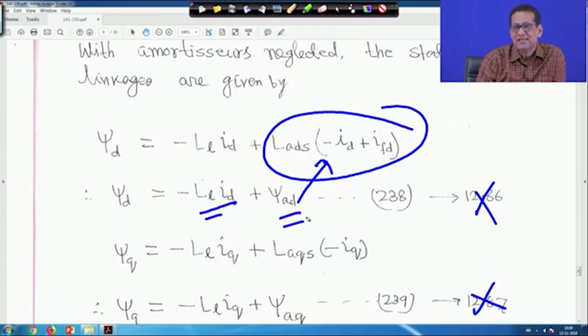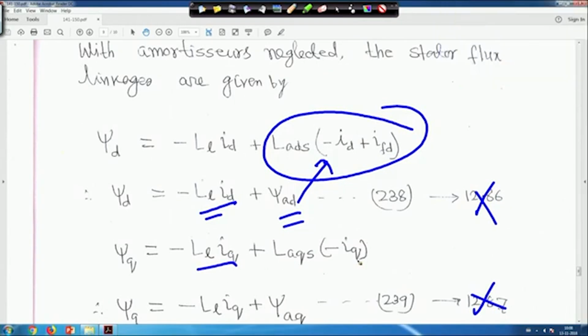Go to figure 20A. Similarly, figure 20B, psi q is equal to minus LL IQ plus LAQS into minus IQ, or psi q is equal to minus LL IQ plus psi AQ. This is actually psi AQ. This is equation 239. You will go back to figure 20B.